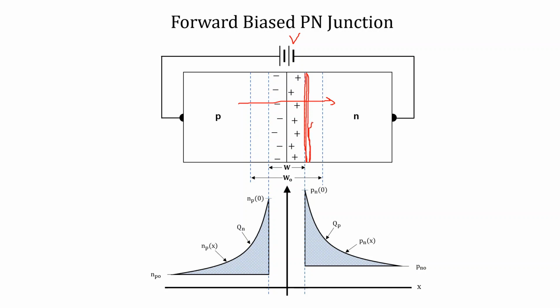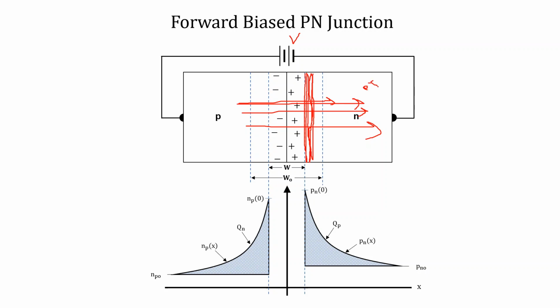Near the junction they are in very large number, so density of holes here is very high, and as these holes migrate further inside the N side region, they will recombine with the majority charge carriers here, which are electrons.